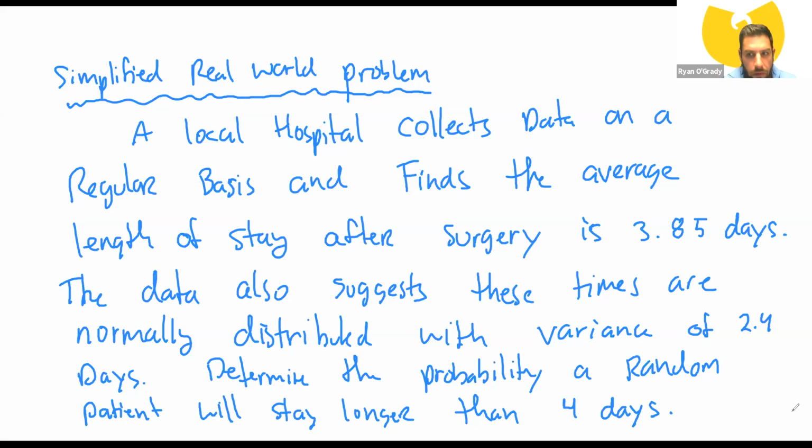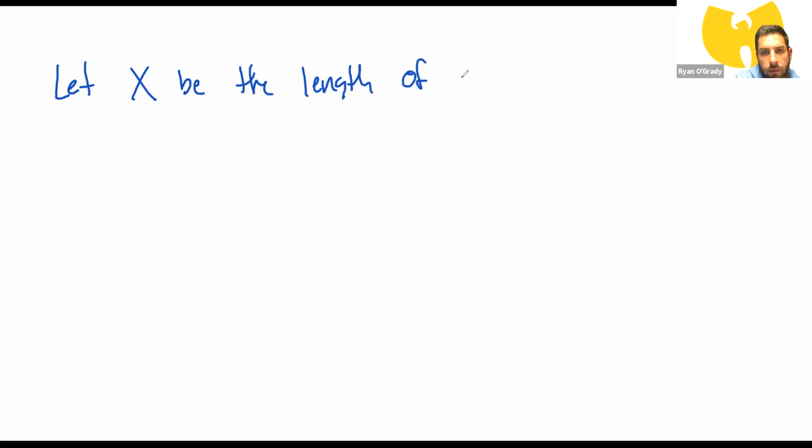So here's what we're going to do. We need to define a random variable, and we need to interpret the English on the previous page in terms of probability. So let X be the length of a stay.